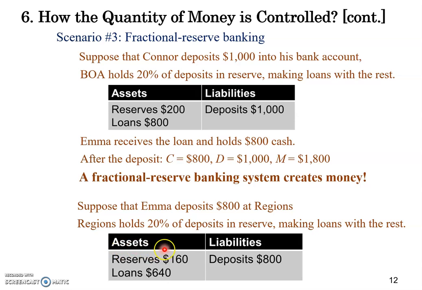So on the asset side, they have the reserves $160, which is equal to $800 times 20%. And then the remaining $640 is available for them to make loans. And deposits on the liability side equal $800.